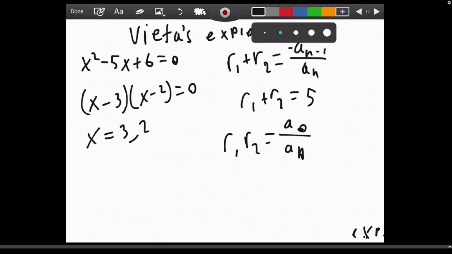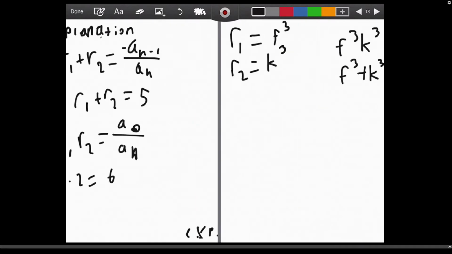Root 1 times root 2 should equal 6. Well, our roots are 3 and 2, so 3 times 2 should equal 6, and that is, of course, true. So that's what Vieta's theorem says. It's a product and sum theorem for the roots, and we're about to implement it here in a second. So that's the explanation. That's the end.